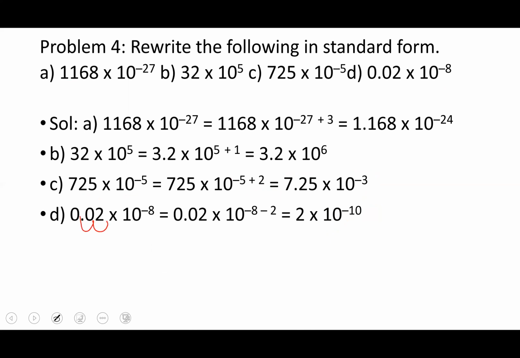So it is basically negative. So it is 10 to the power minus 8, and the decimal moves 1 and 2 places towards the right, so it is minus 2. 10 to the power minus 8 and minus 2. When we add them both, because both of them are negative, the answer will be 10 to the power minus 10. So you can say 2.0 into 10 to the power minus 10 in this case. So this is our answer for this question.